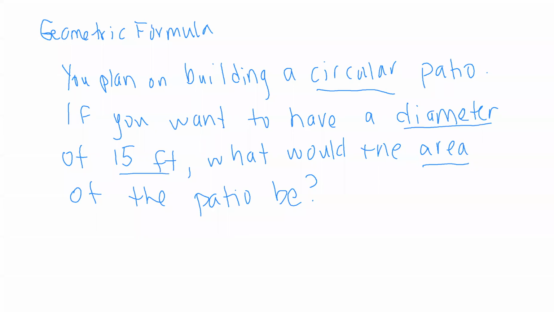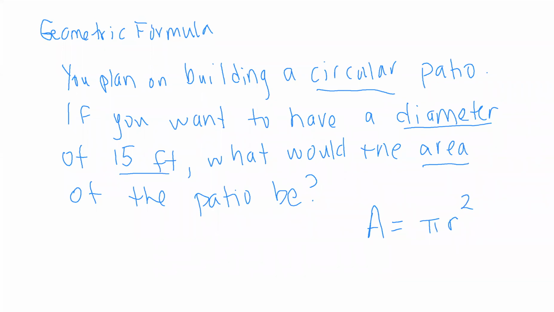We have plenty of information here to find the area of this patio. What we don't have right in front of us is the formula for the area of a circle. You would want to go into Moodle, pull up the formula chart that is in your Moodle shell, and find the area for a circle if you don't already know it. So area for a circle, pi r squared.